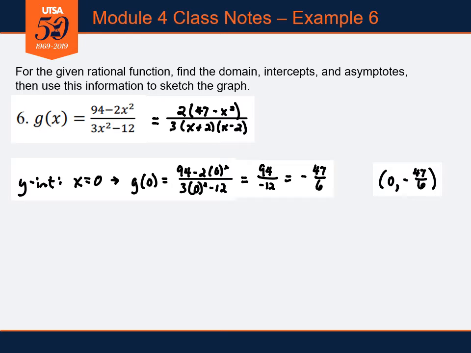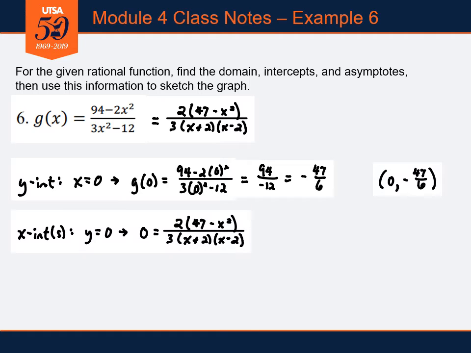And then for x-intercepts, we let y be 0. We set that fraction equal to 0, which, as we've done before, means we focus on the numerator and set the numerator equal to 0. Since 2 can't be 0, all we have to do is look at 47 minus x squared equal to 0. Add x squared to both sides and take the square root. You get x equals plus or minus the square root of 47.